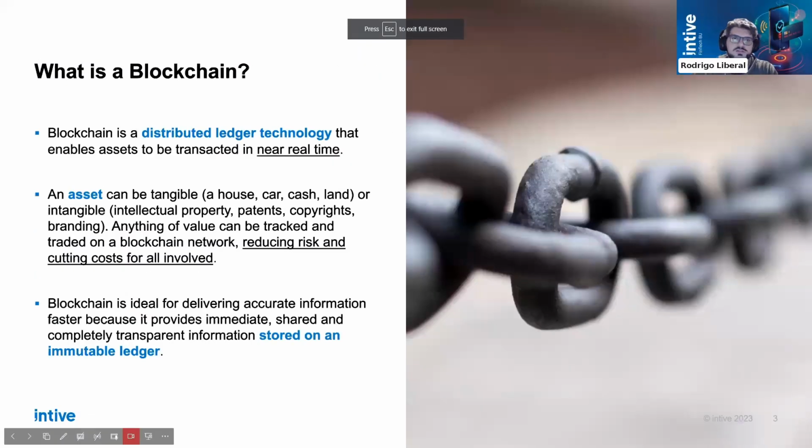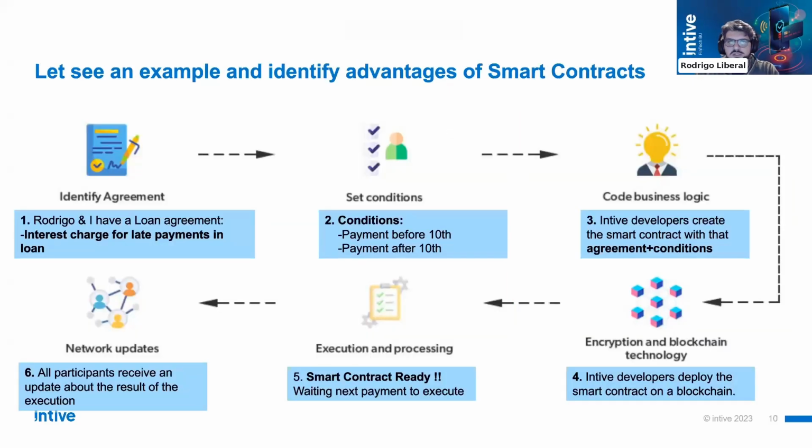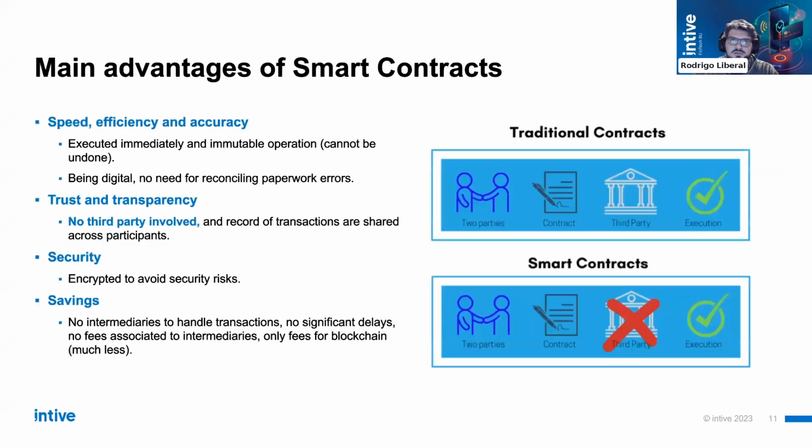One of the advantages of smart contracts is that you can have automated solutions, and automation is one of the first advantages. The other thing is the blockchain, which can track all the movements executed over the transactions on your smart contracts, and all those executed transactions are immutable.